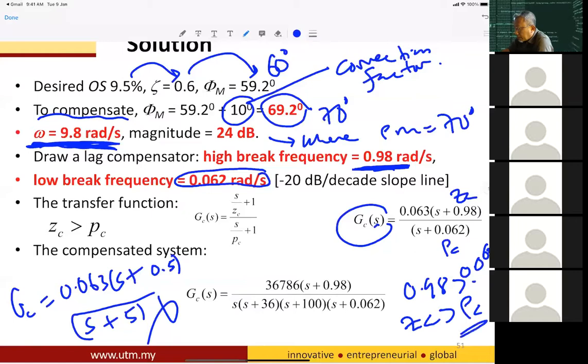So the compensated system now will become 3.6786, the gain, times the zero ZC, with the pole at the origin, poles at minus 36 and minus 100, and the pole PC, which is 0.062.